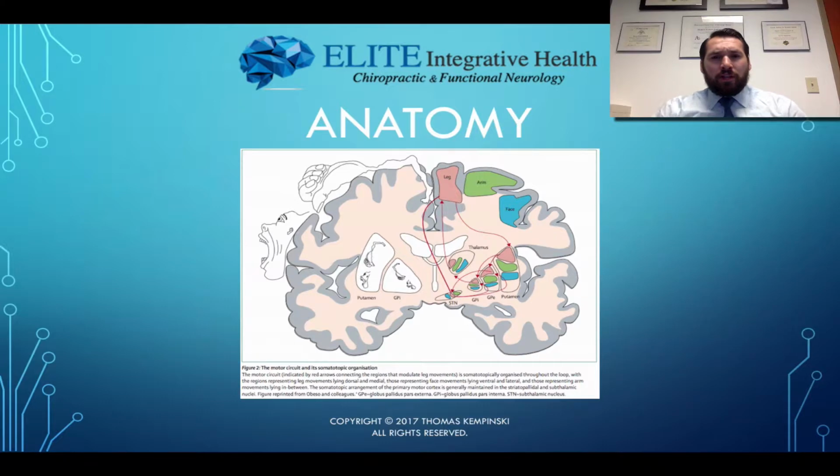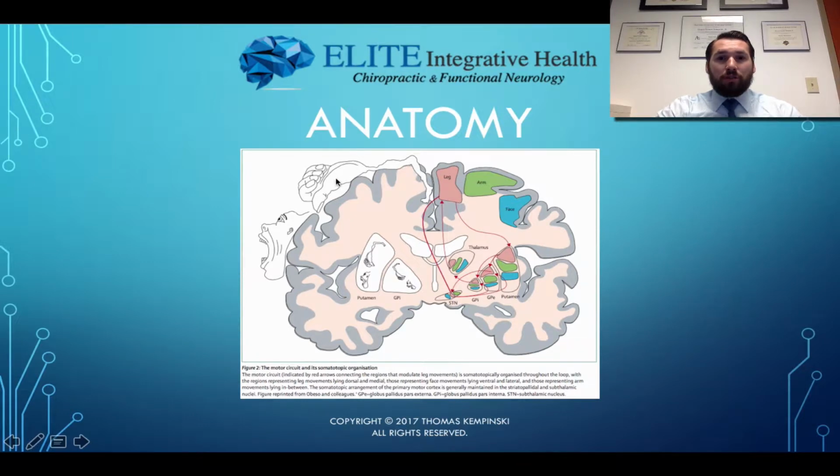I like this image here. This is a great image in reference to showing how the human body is mapped within the brain. So every inch of the human body is mapped somatotopically within the brain. And we can see here, when you look at the cortex, this can be either the motor strip or the sensory strip. And you can see that the feet and the legs are here on the inside portion, or the medial aspect, of the cortex.